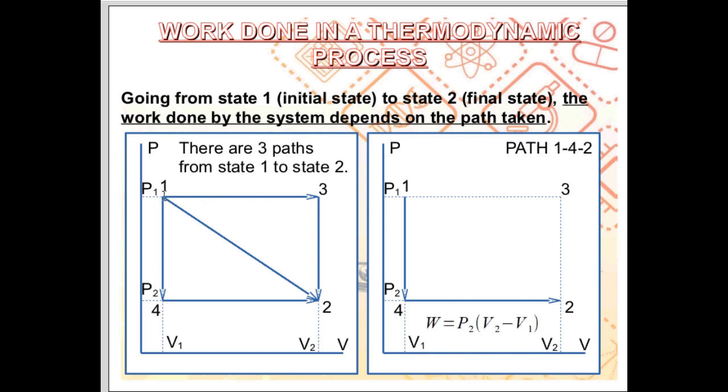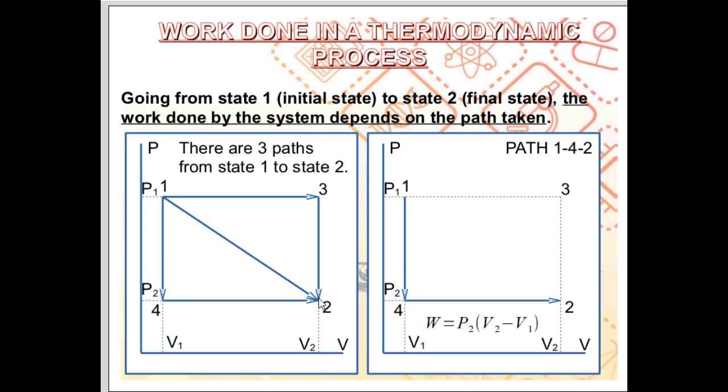Going from initial state 1 to final state 2, we have three different paths that the system can take. There's the path 1, 4, 2, and then there's the path 1, 3, 2, and then there's the direct path of 1, 2. So we have three different paths that the system can take from initial state to final state.